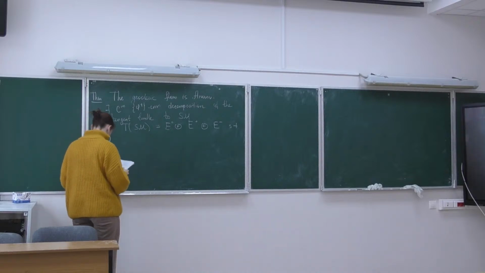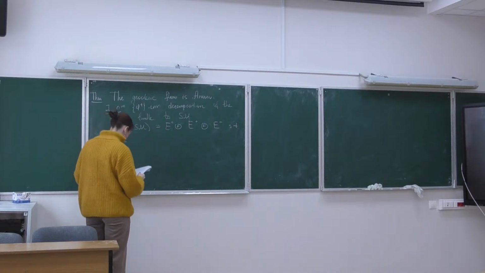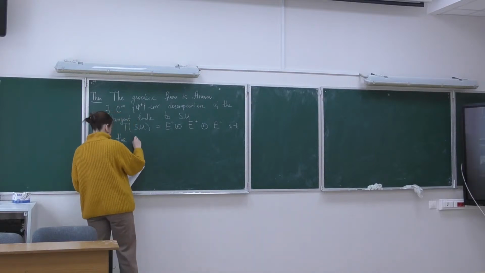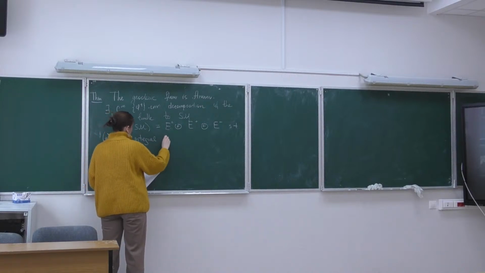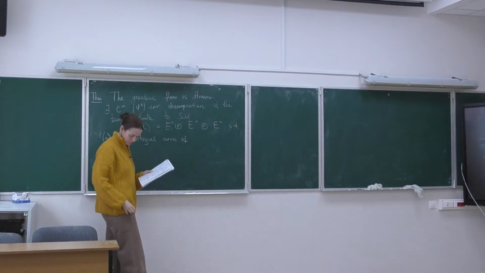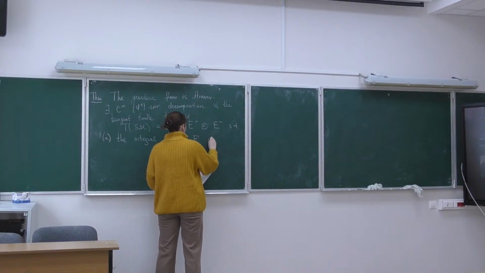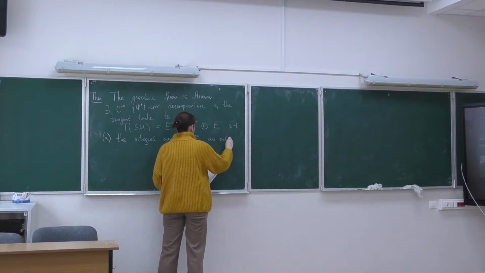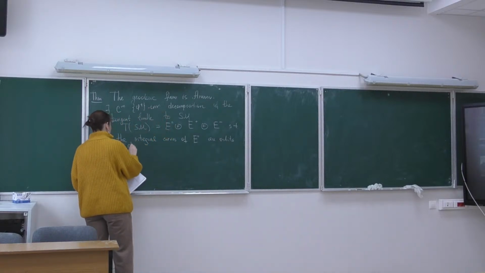E0 was responsible for the orbits of the flow themselves, so the integral curves of E0 are orbits of the geodesic flow.